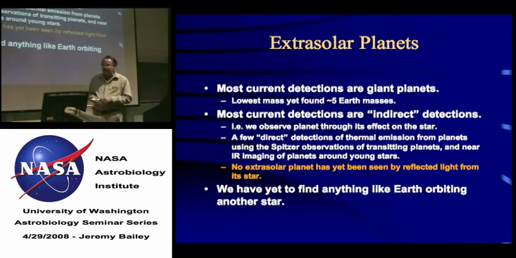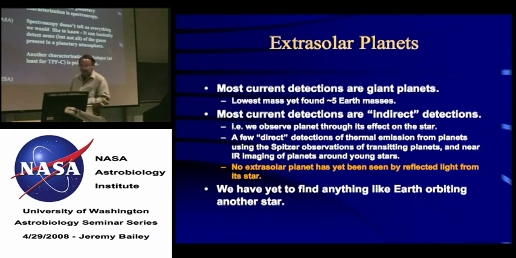And we have yet to find anything else like Earth orbiting another star. We don't have the sensitivity in most of these methods to detect a planet of Earth mass, although that should become possible soon with space missions such as Kepler, which will be capable of detecting Earth-like planets by the transit method.